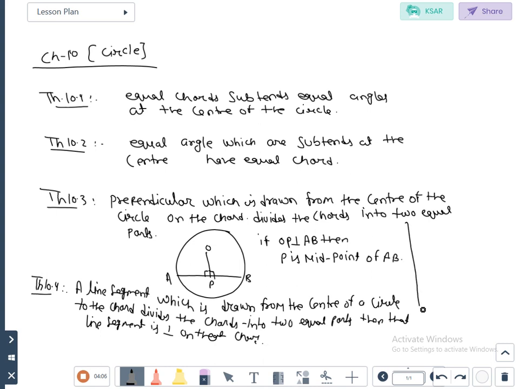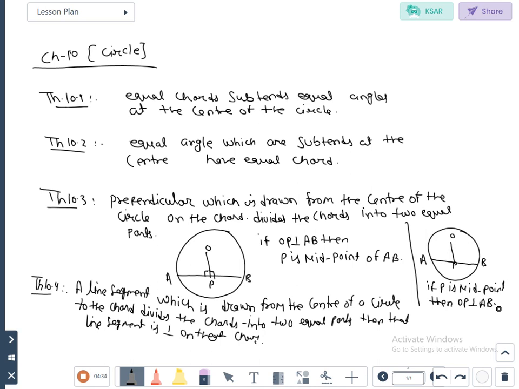In the diagram of that one, there is a circle, a line, and points O, A, B, P. So if P is the midpoint, then OP is perpendicular to AB. That is theorem 10.3 and 10.4 that we already studied in the previous class.